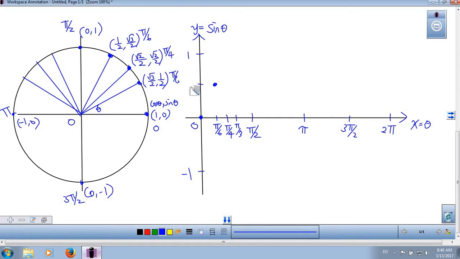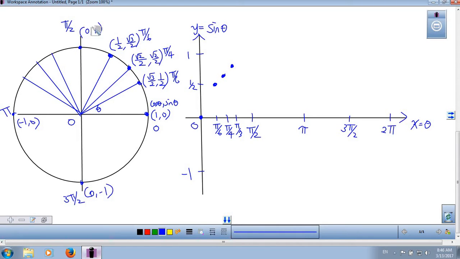Now, square root 2 over 2 is about 0.707. So this is 0.5, so it's about here. 0.707, let me put a point, and then we keep going to pi over 3, which is square root 3 over 2, that's 0.866, so I would say about here, almost to 0.9, and then at pi over 2 the sine value.